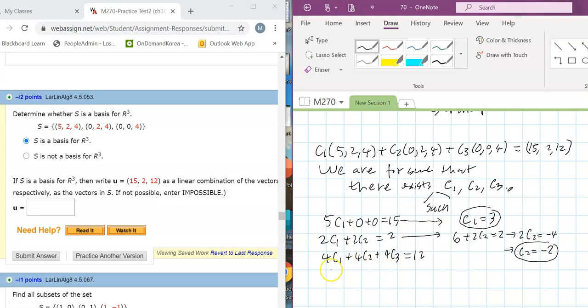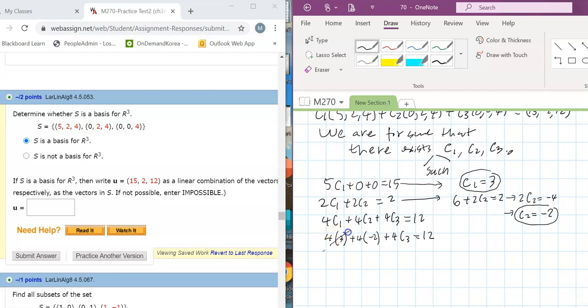What is C3? 4 times 3 plus 4 times negative 2 plus 4C3 equals 12. So 12 and 12 cancel. Negative 8 plus 4C3 equals 0 makes C3 equal 2.